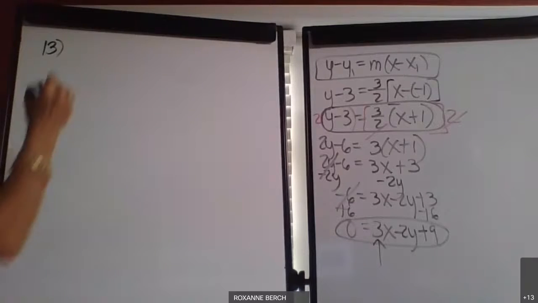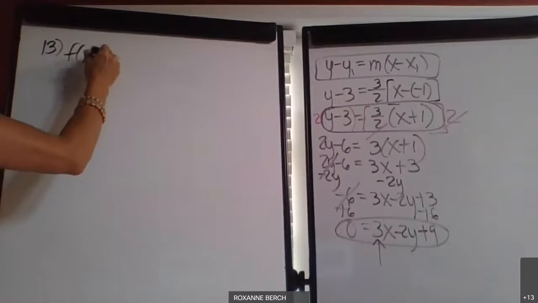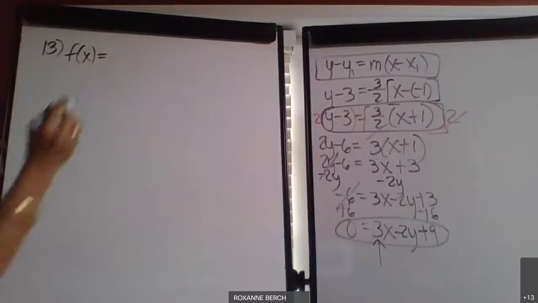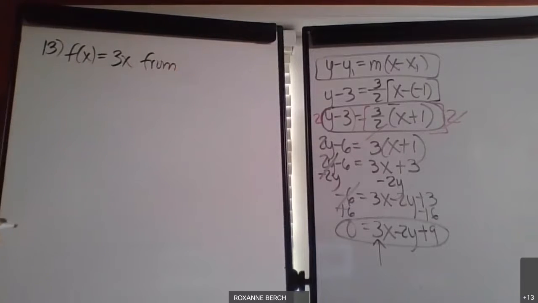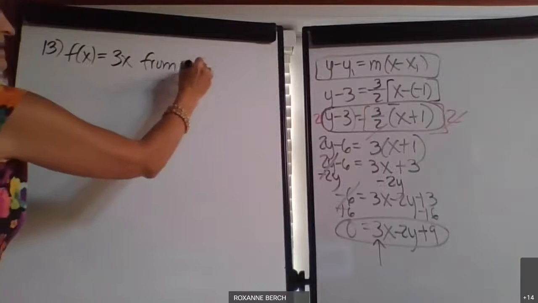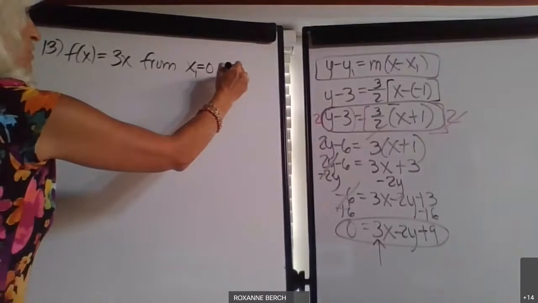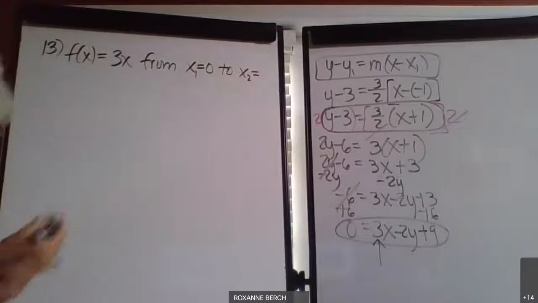Okay, in 13, when you write down the original problem, it's f of x equals 3x from x sub 1 equals 0 to x sub 2 equals, what is that? 5?